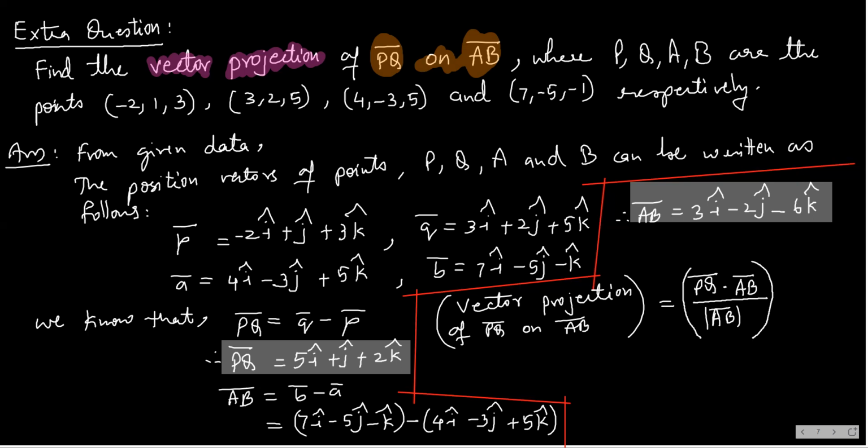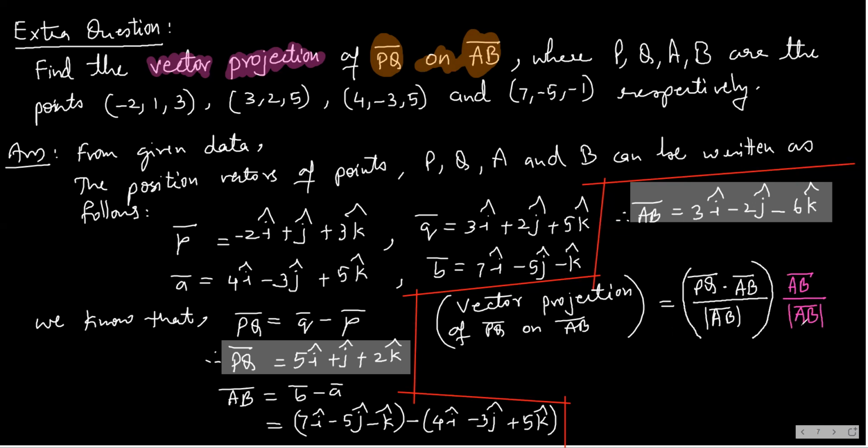But since they are asking me the vector projection, I will have to multiply by a unit vector in the direction of AB bar, because it is on AB bar. So what is the unit vector in the direction of AB bar? Very simple. It is AB bar upon mod AB bar.